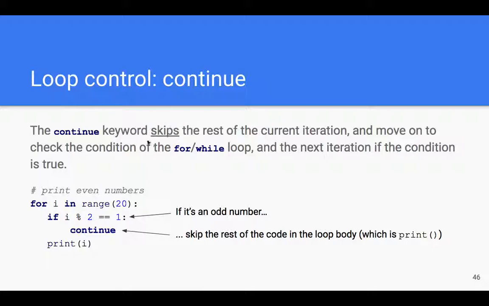What it does is skip the rest of the current iteration. It checks the condition of the while loop, or in a for loop, it tries to get the next item from the sequence. Either one. If those conditions are all fine, then it will just continue to execute the next iteration.